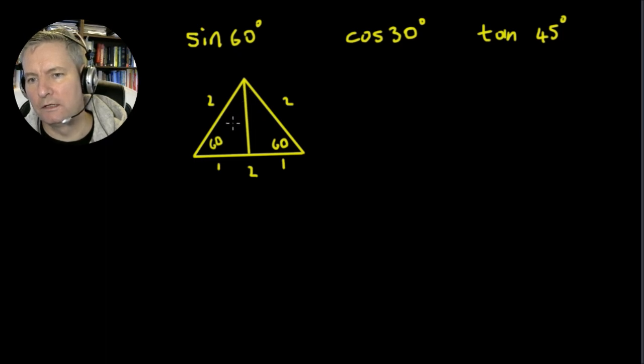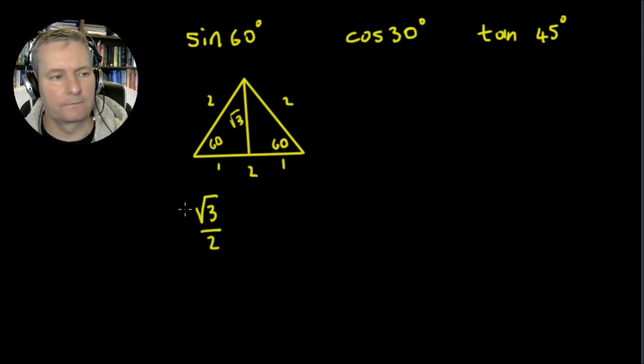So this length here is going to be our root 3. So it means that the sine is going to be this length here, root 3 over the 2. So the sine is going to be given by root 3 upon 2. So that's the sine of 60 degrees.